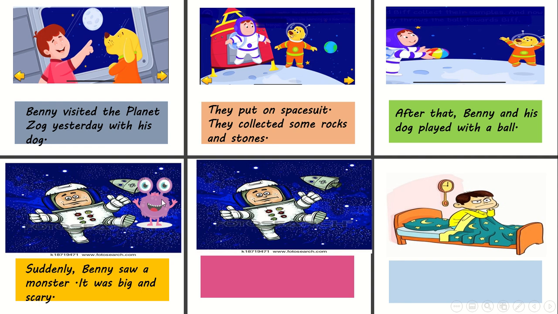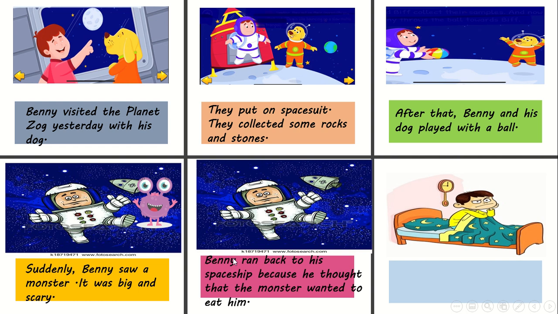It was big and scary. What did Benny do? What can you see here? He ran back. Well done. So Benny ran back to his spaceship because he thought that the monster wanted to eat him.